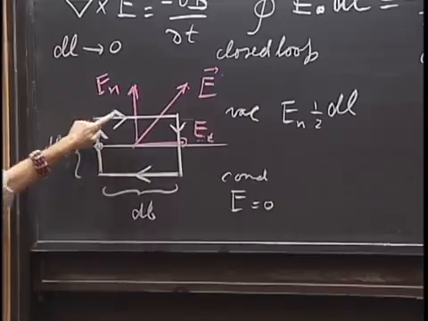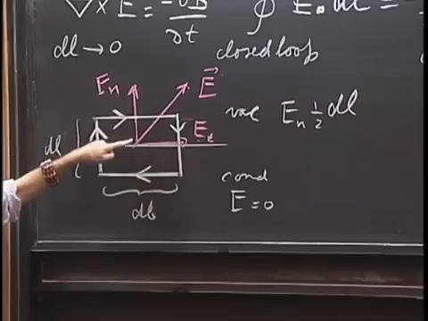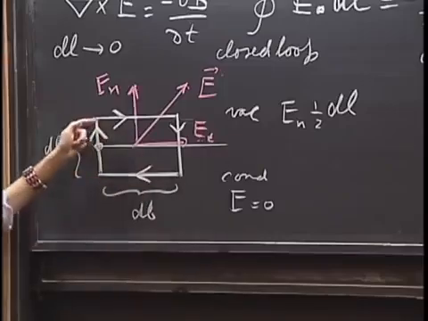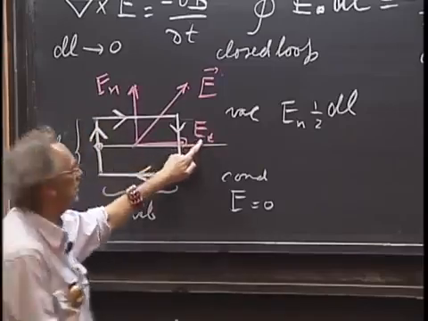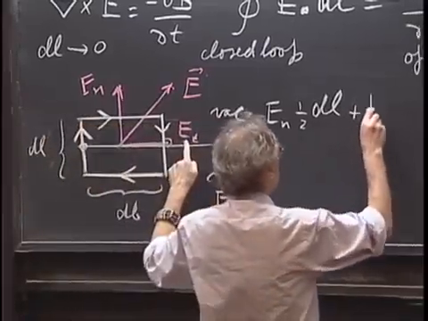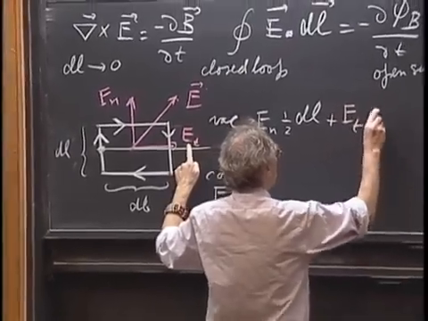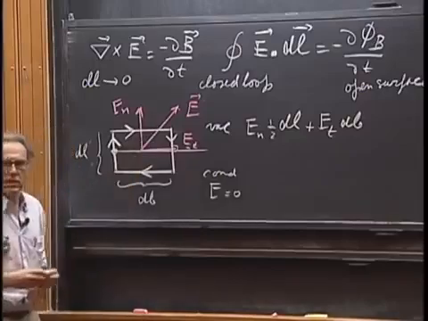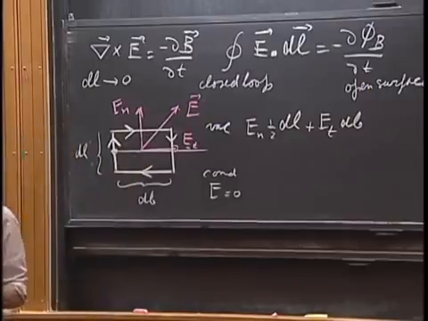Now I go from here to here, and of course E of n has no effect because it's perpendicular to dl. dl is a vector in the direction that I'm moving. So now I only deal with E of t, so I get plus E of t times dB. And now I'm here and I go down. Now E of n is up, but I go down, so the dot product creates a minus sign.